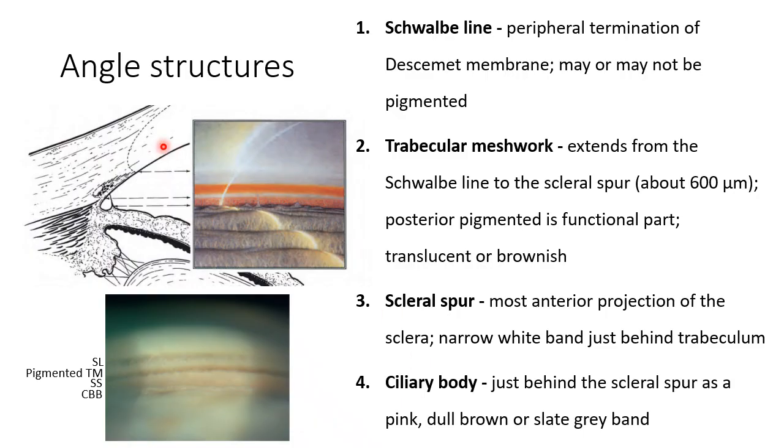Okay, so what you actually see on gonioscopy is this. This is an enlarged view of the angle, right? This is the sclera and this is the cornea here. This is the transition zone. Then this filter-like, sieve-like part is the trabecular meshwork.